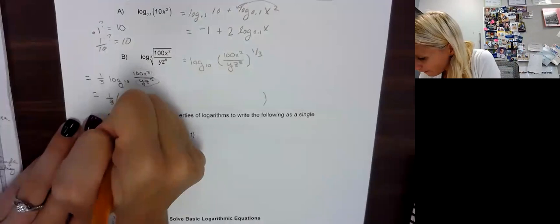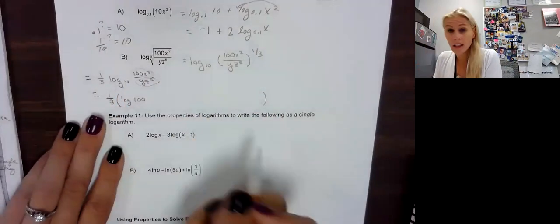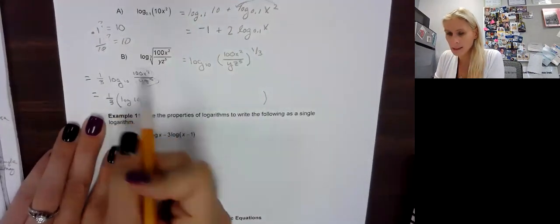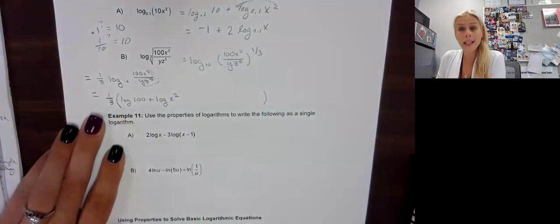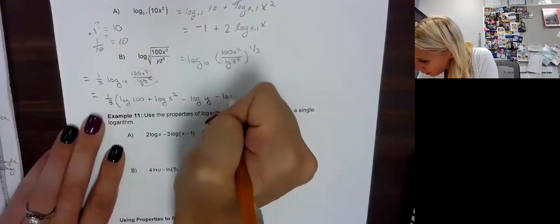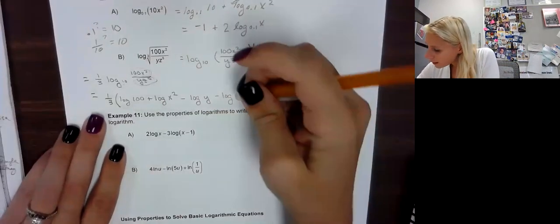So I have log base 10 of 100, and that's positive because it's in the numerator. Then I have plus log base 10 of x squared, because again, that's in the numerator. Then I have minus log base 10 of y minus log of z to the 5th.